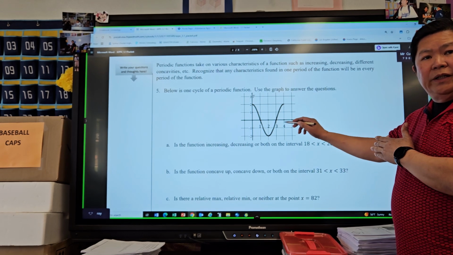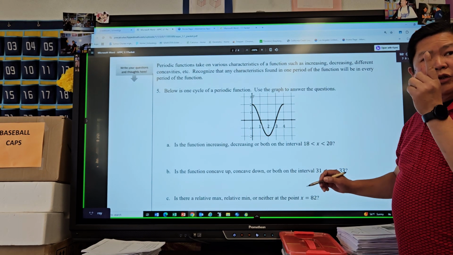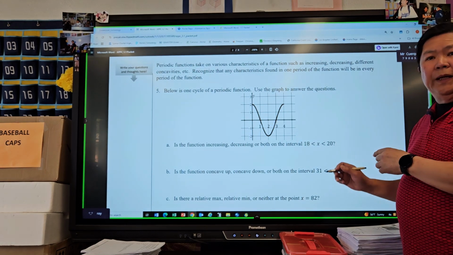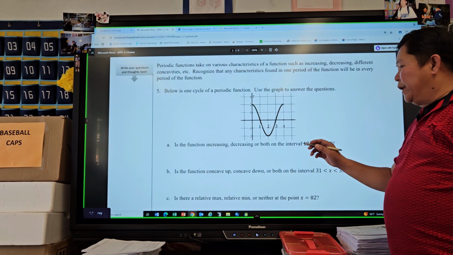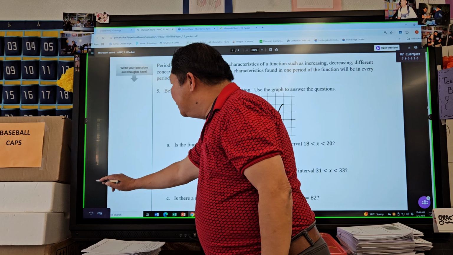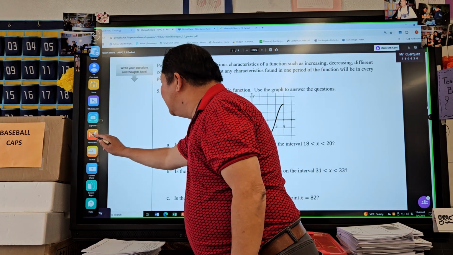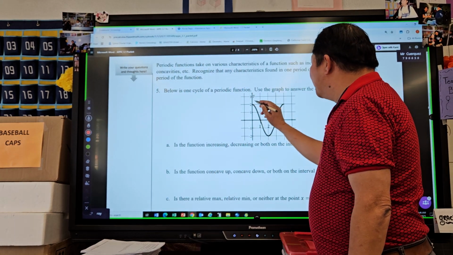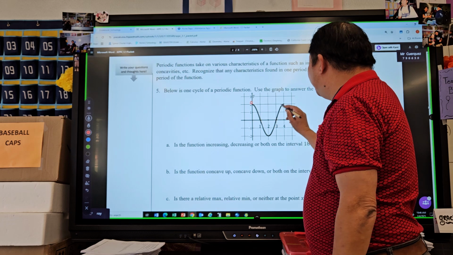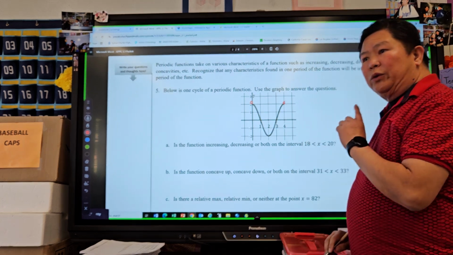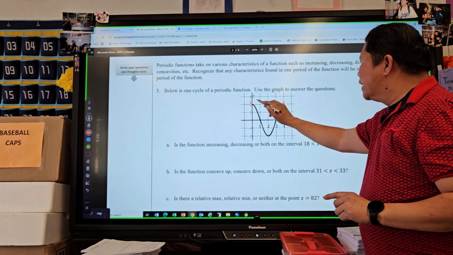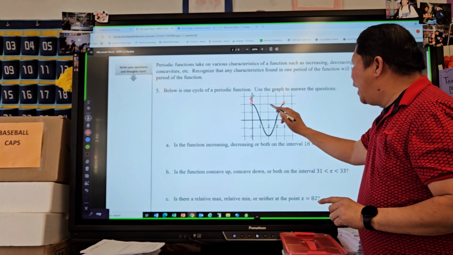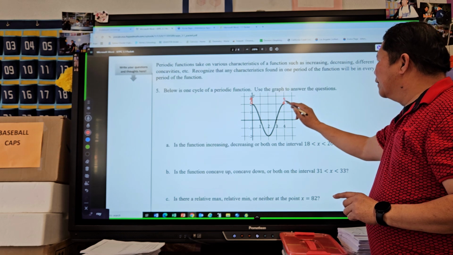What is the period? 4. So that means this completes a cycle every 4 units. This is from 0 to 4. So what will be the next cycle? The next cycle starts at 4 up to what? 8.